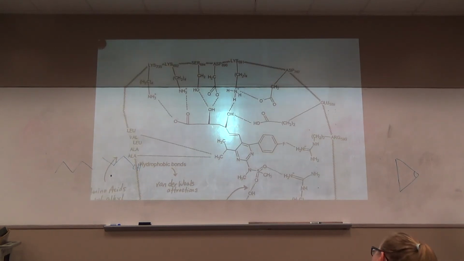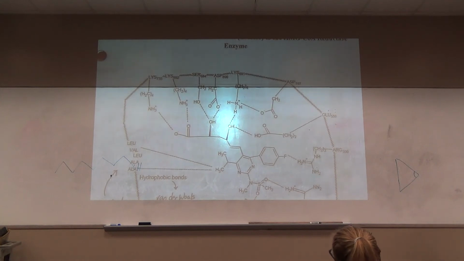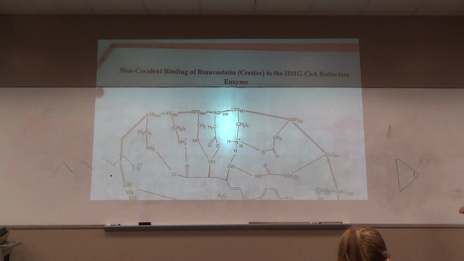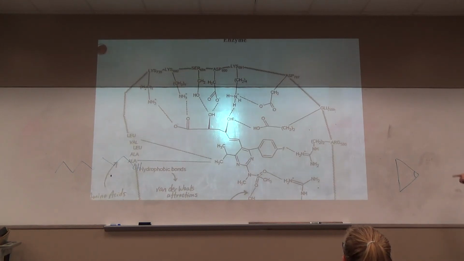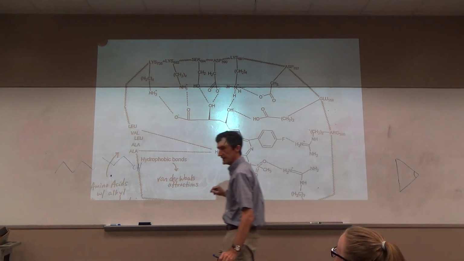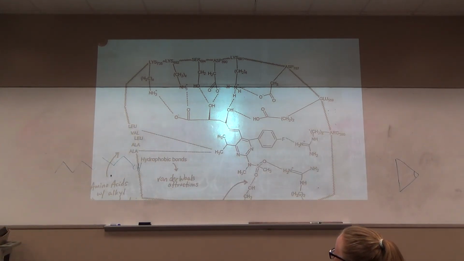IMFs. Well, this is how drugs bind to drug receptors. What is this? Crestor? You ever heard of Crestor? Have you ever watched TV? This is a Crestor molecule, a beautiful organic molecule, sitting in the enzyme pocket. It binds to an enzyme, probably called HMG-CoA reductase, and inhibits that enzyme to keep your body from producing so much cholesterol.